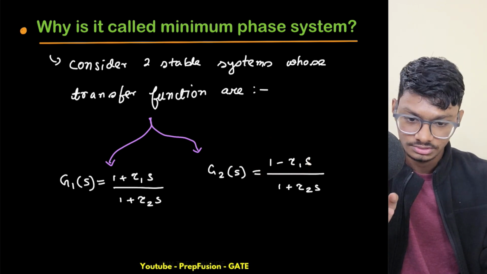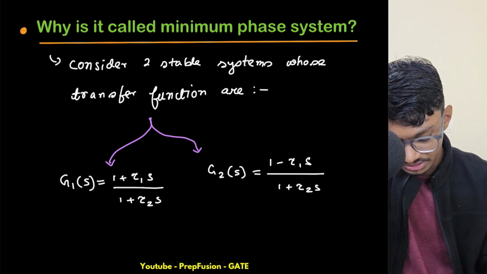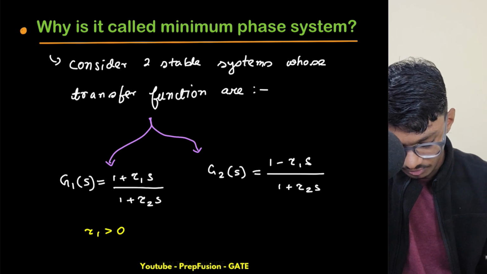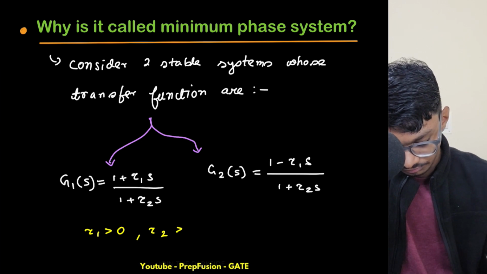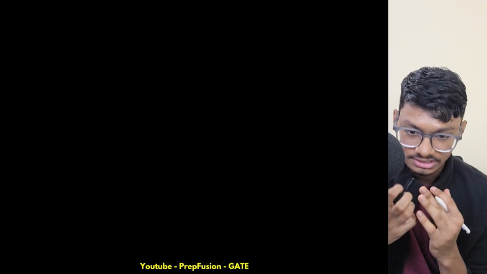So we have two systems. One more thing we have to assume is that these coefficients tau 1 and tau 2 are obviously positive. Now let's write the angle expression and the magnitude expression for both of them.